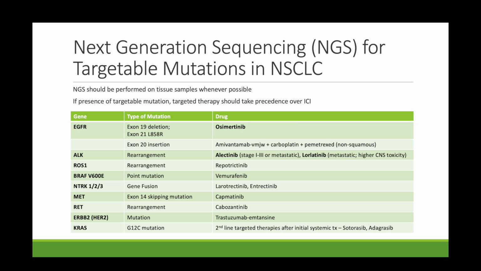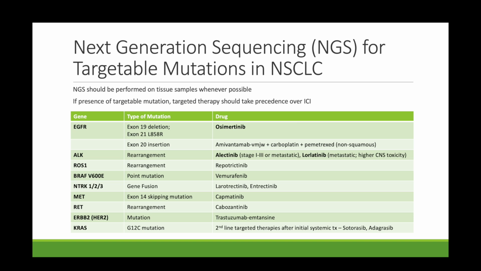Erlotinib and gefitinib are first-generation TKIs. Afatinib is an example of a second-generation TKI. Unfortunately, with these first and second-generation TKIs, the EGFR can acquire a type of mutation known as the T790M mutation, and that can lead to resistance to these first and second generation drugs.